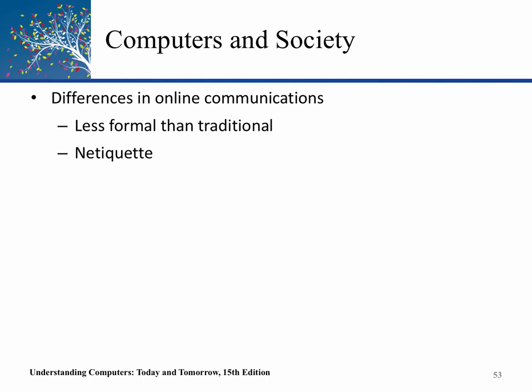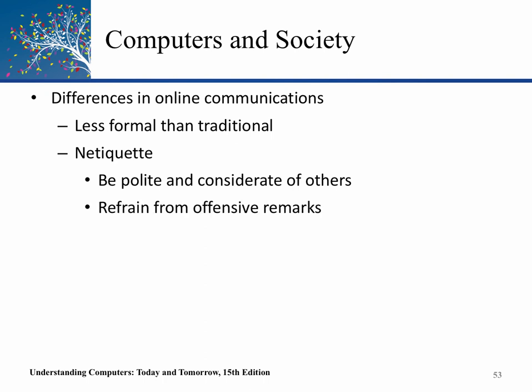Traditionally, we like to be polite and considerate of others. We'd like to refrain from offensive remarks and be aware of abbreviations and emoticons that are used in online or electronic communication versus traditional communications.